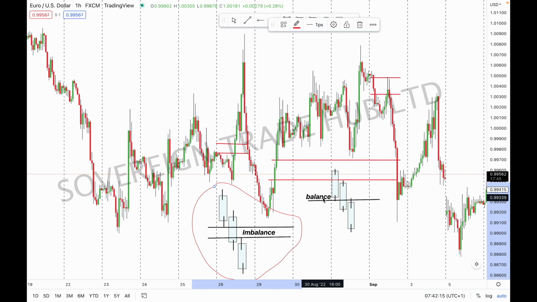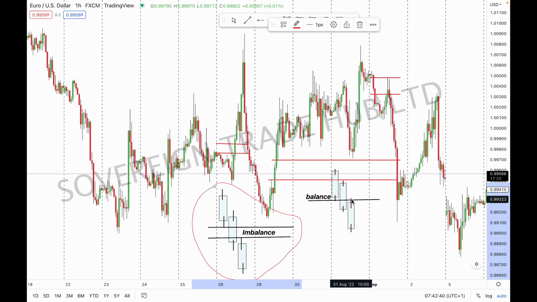When you pull it through with a line, you will see that the price of this wick and the price of this wick, sometimes they are one. As a result of this, we'll say this is a balanced or an efficient market movement.